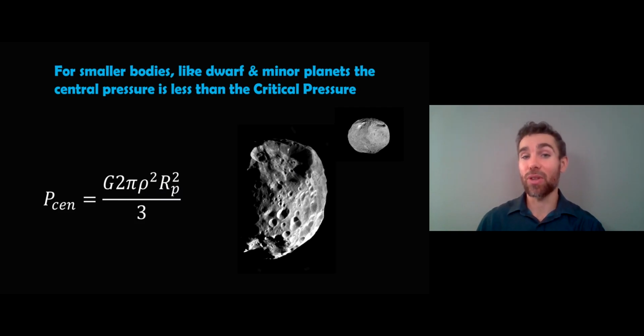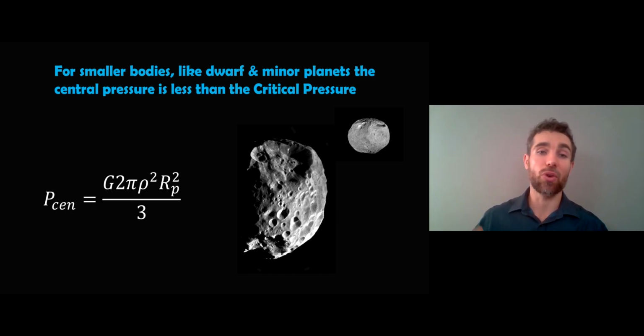So what you can do then is work out what point this occurs at. Now we can do the calculation. We can already see straight away that there are going to be objects where internally their central pressure is always going to be less than the critical pressure. So the entire body will behave like a rock, and therefore you're not going to get a spherical shape.